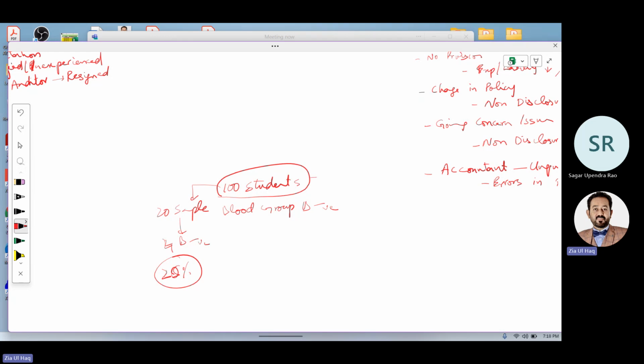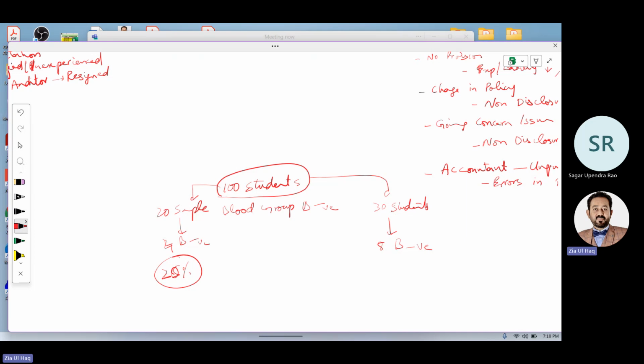After some time, we took a sample of 30 students. Out of 30 students, when we tested, we concluded that 8 students have blood group B negative. What is 8 out of 30?